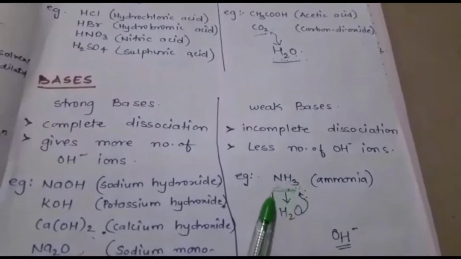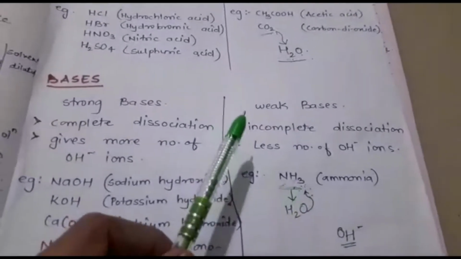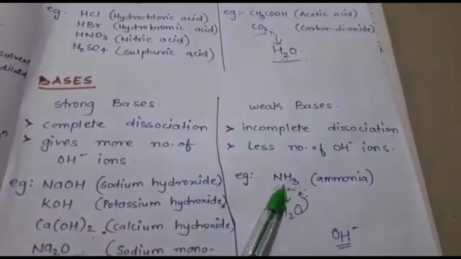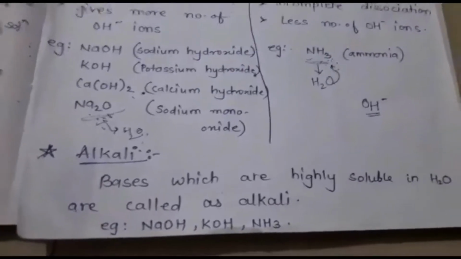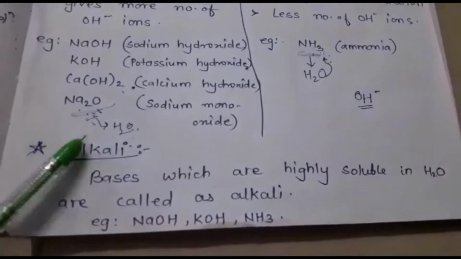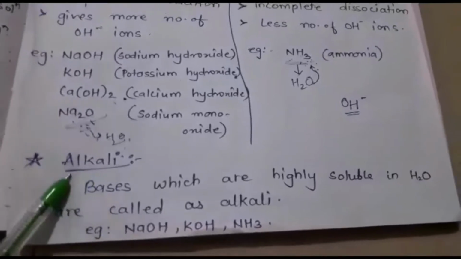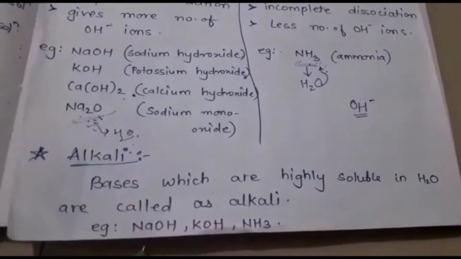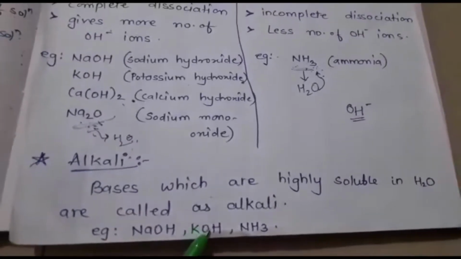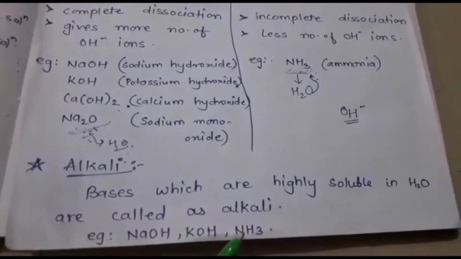That's why ammonia is considered a weak base. Ammonia is thoroughly dissolved in water, but the release of OH minus ions is less. Next, our topic is alkali. Alkali means a base or a substance which is highly soluble in water. Examples are sodium hydroxide, potassium hydroxide and ammonia.